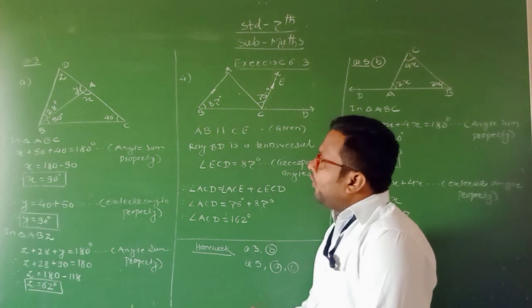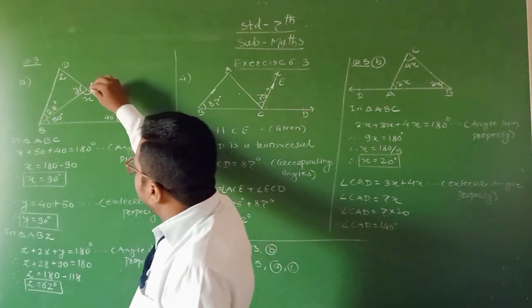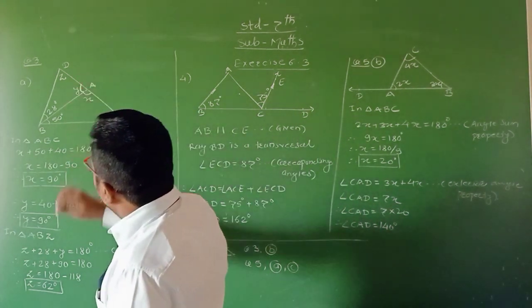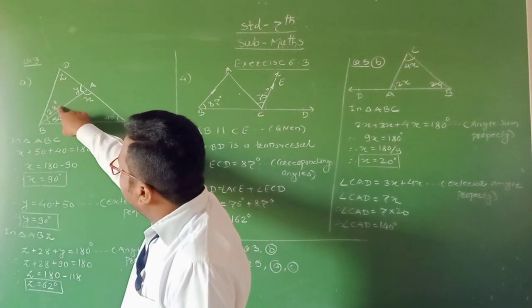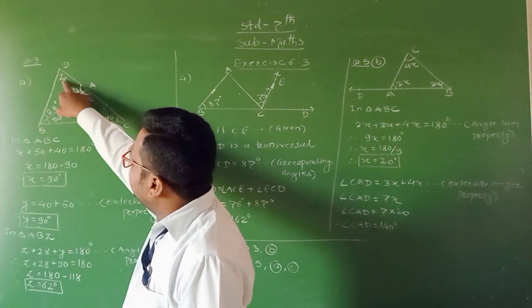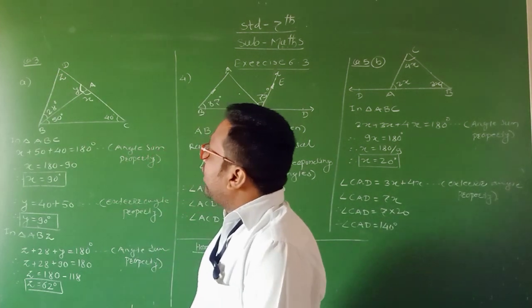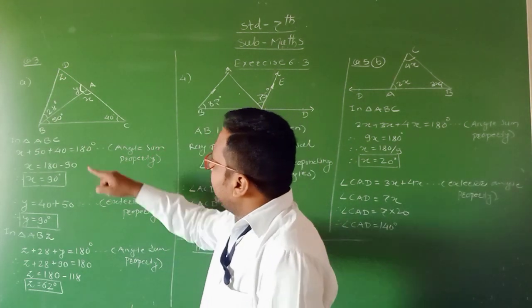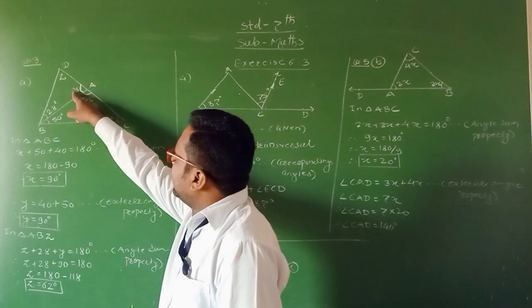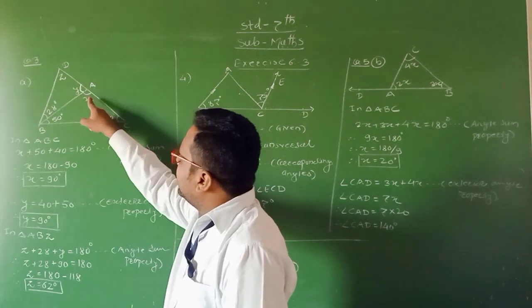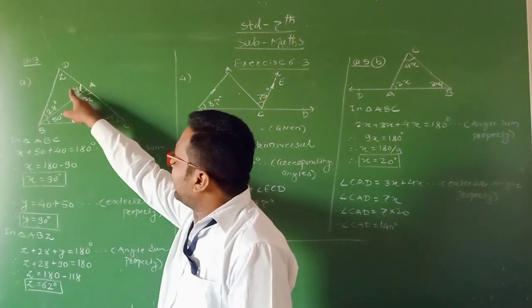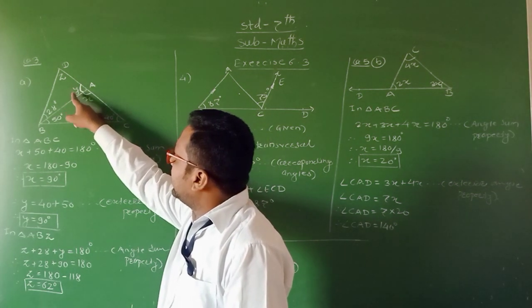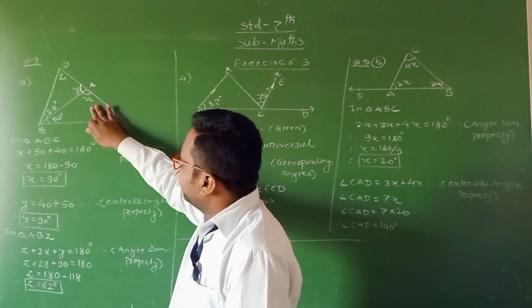Now think about y. See, this is y. This is the interior angle of this triangle. But there only one angle, 28, is given, and then z is there. We don't know the value of z. But here we can see angle y forms a linear pair with the interior angle x. Therefore, angle y is the exterior angle of this triangle.